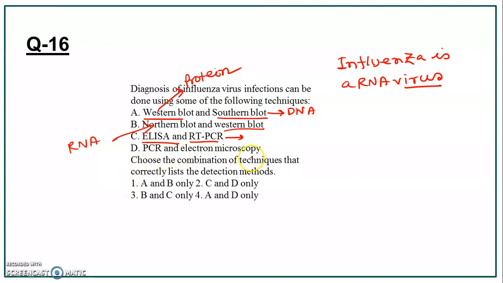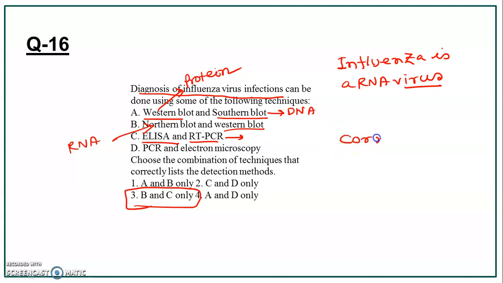So PCR and electron microscopy cannot be used for diagnosis of influenza virus infection. Influenza virus infection can be diagnosed by northern blotting, as it is an RNA genome, and also by ELISA and RT-PCR. We have made a video on RT-PCR; you can see how RT-PCR works.